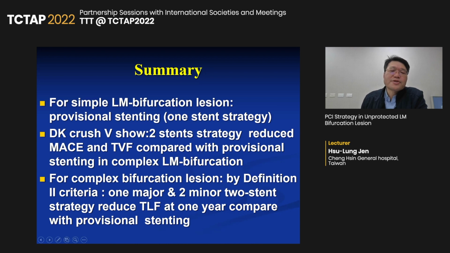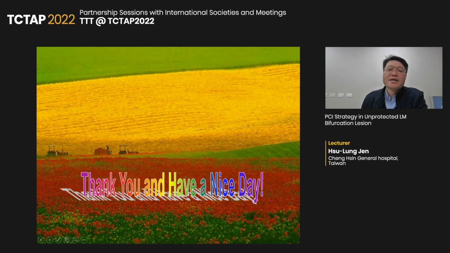So how do we differentiate simple or complex? We can use the DEFINITION II trial: one major plus two minor criteria, then it's complex. We can use a two-stent strategy because it can reduce target vessel failure at 1 year compared with provisional stenting. Thank you for your attendance.